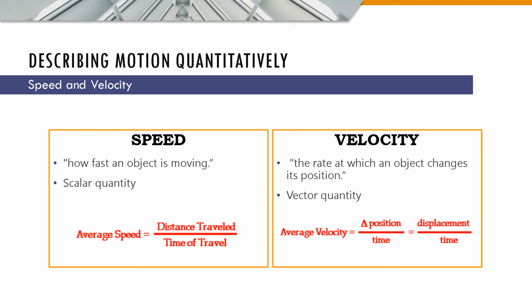Ang velocity po ay parang speed din. It describes how the object is moving. Yun nga lang, ang velocity, considering that it is a vector quantity, shows direction or the position with respect to the change in position. So, displacement yung ginagamit niya, unlike dito sa speed that it uses distance, dito po sa velocity, it uses displacement. So, that is the difference between speed and velocity.